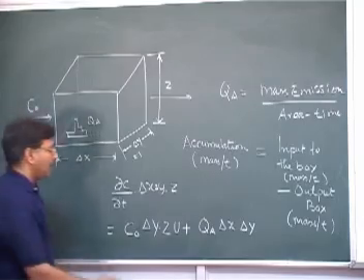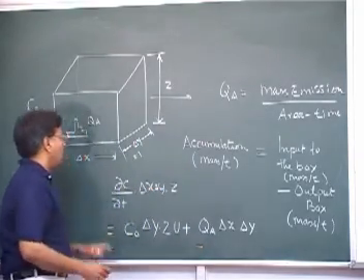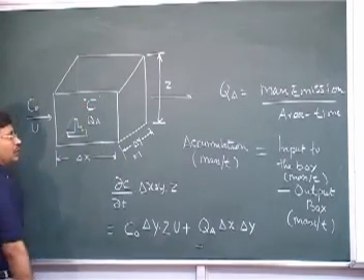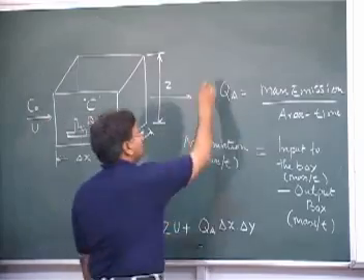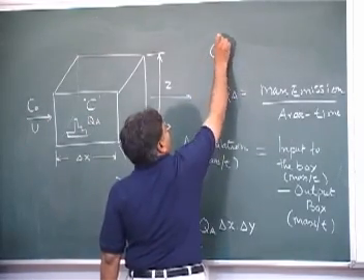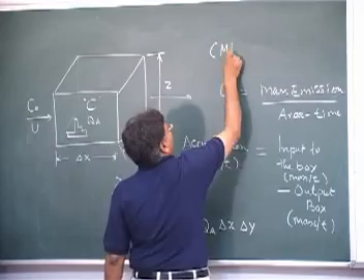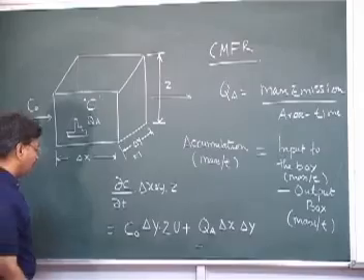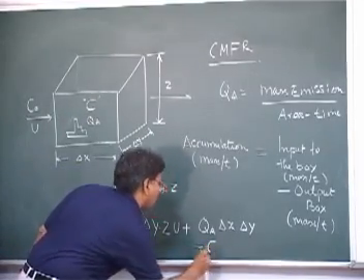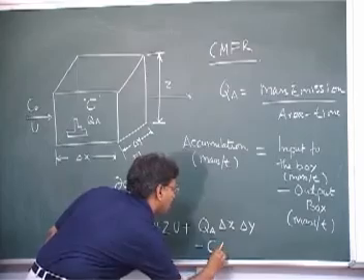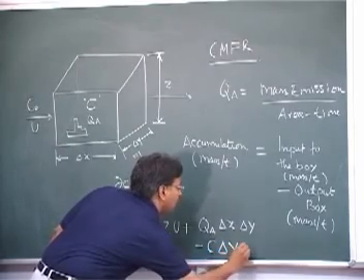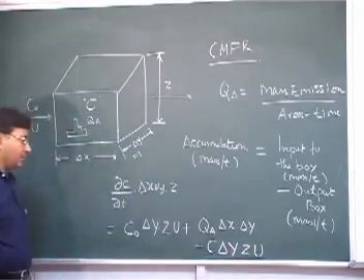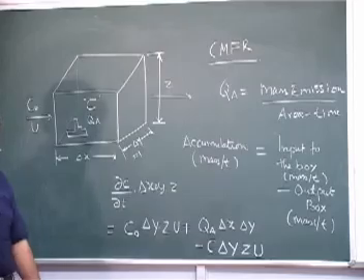So minus, and suppose the final concentration in the box is C, and the box you are modeling as a CFMR, completely mixed flow reactor. Then what I can do is C times delta y z times u. This is what I can write.